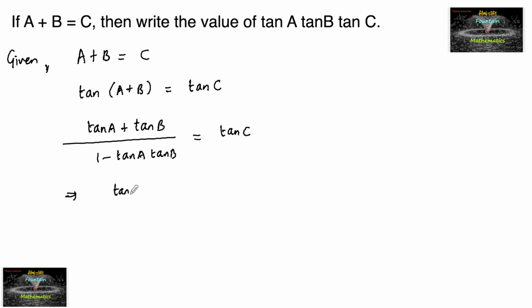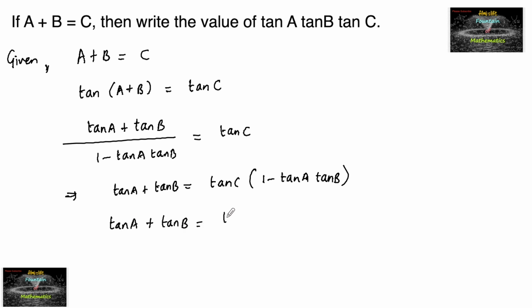Or we can write tan a plus tan b is equal to tan c times 1 minus tan a tan b. So that is tan a plus tan b is equal to tan c minus tan a tan b tan c.